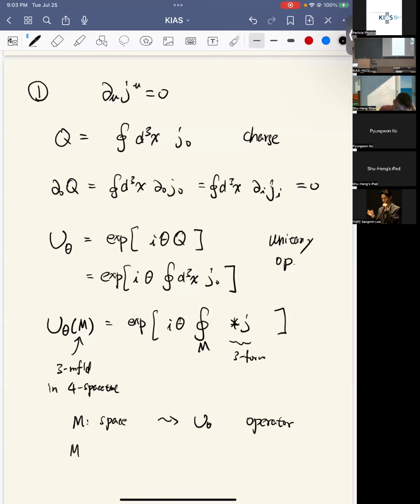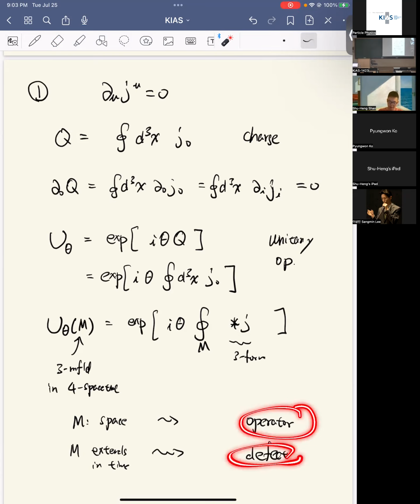On the other hand, when M extends in the time direction, this gives you a defect that modifies the quantization of the Hilbert space. It's something that localizes, say, at x equals 0, but extends in the time direction. The nice thing about working with relativistic quantum field theory is that both the operator and the defect are capturing a single object that we call U theta of M.